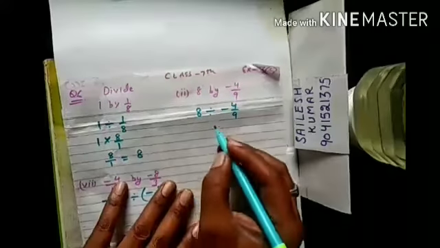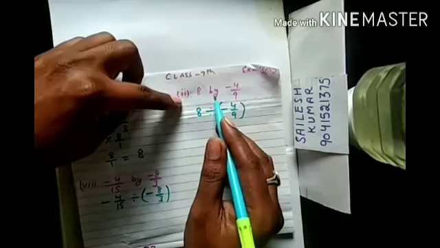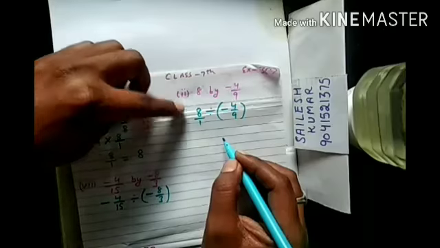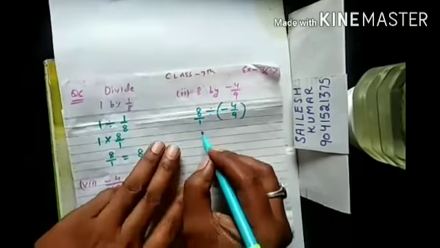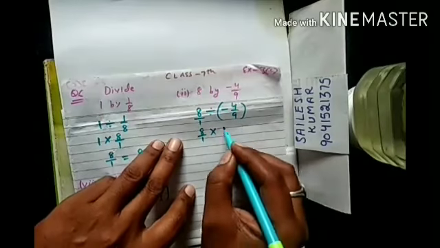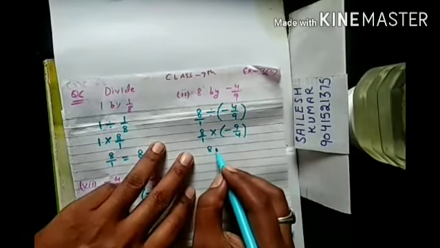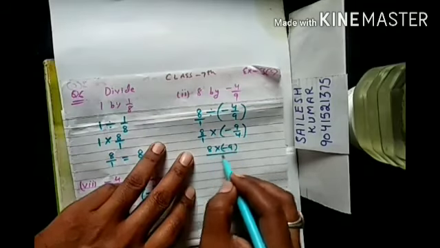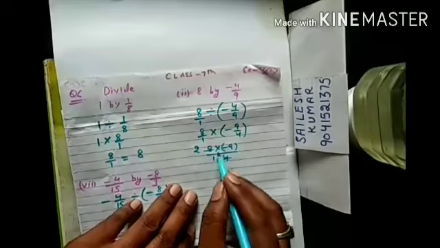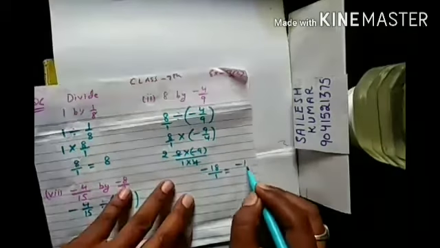Clear? Now 8 is divided by minus 4 by 9. We will convert this 8 by writing 8 by 1. The division symbol will be changed to multiplication and minus 9 by 4. 8 multiply minus 9 and 1 multiply 4. Now 4 into 8 is 2. 2 multiply minus 9 is minus 18 by 1. The answer is minus 18.